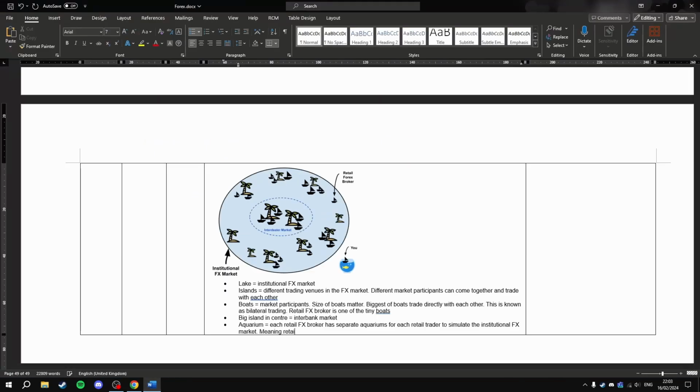Meaning retail traders only trade against their broker.